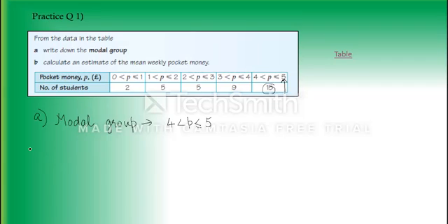Alright, now let's look at part B of the question. In part B, we need to calculate an estimate of the mean weekly pocket money given to the students. In order to do this, just as we had done in the other lessons also, let us tabulate the data in Excel because then it becomes simpler to work with the data.